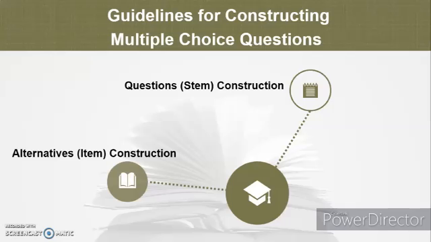Next, we are going to discuss the guidelines for constructing multiple choice questions. Here, we should prepare a better multiple choice test item. There are 2 points. First is question stem construction and second is alternative item construction.